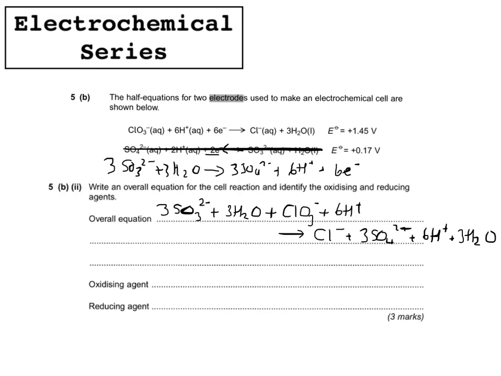Now it's important you realise that it's not just electrons that might cancel, it could be other things as well. So here you've got H+ cancelling and the water cancelling. It's really, really important to get the marks in, that you cross those out or just don't write them at all in the first place.